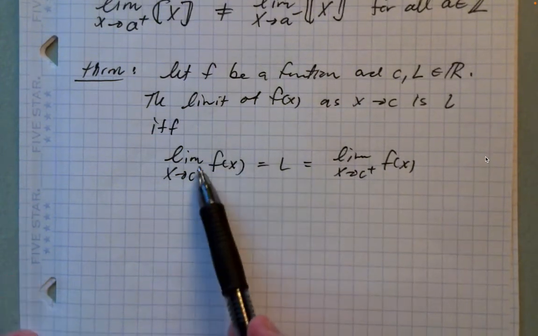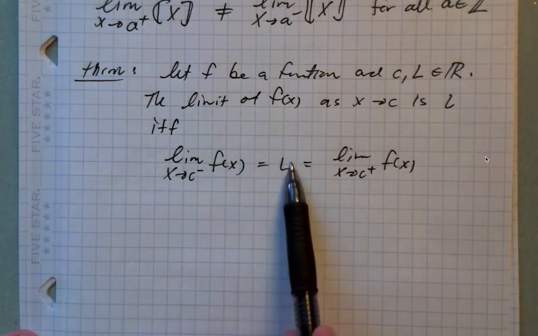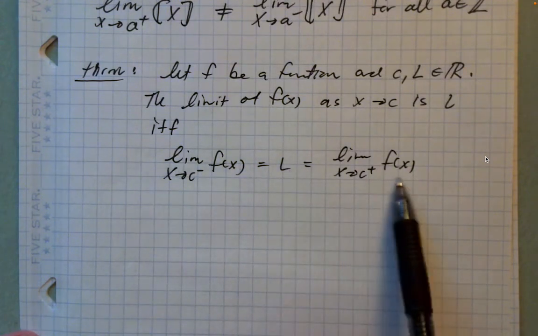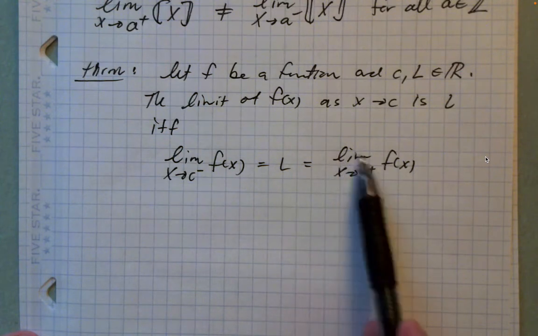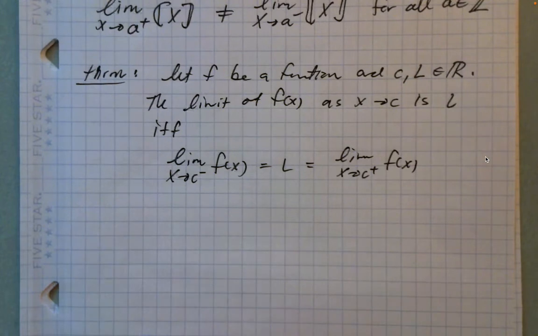If the left-hand limit approaches L as x approaches c, we call L the limit. If the function approaches L from the right as x approaches c from the right, then of course we say the limit is L there too. So this is a slightly more thorough treatment of the definition of a limit that we have seen already.